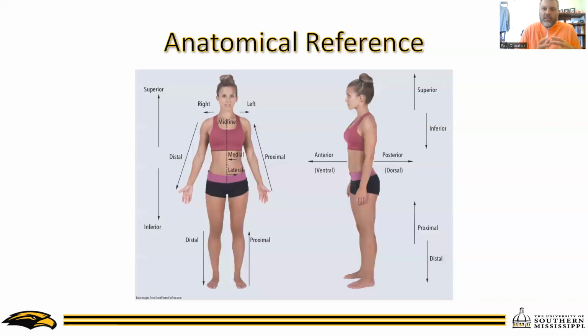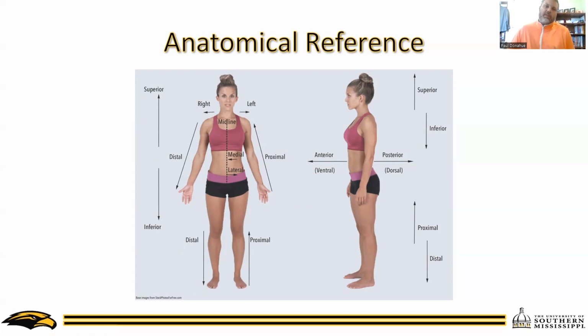And then we can have all these descriptions of different motions and where things are off of that basic starting point. So for people that maybe need a quick refresher on this, or you've never heard this before, this is a really good picture to start thinking about these things. So things like superior, inferior: superior would be moving up, inferior would be moving down.